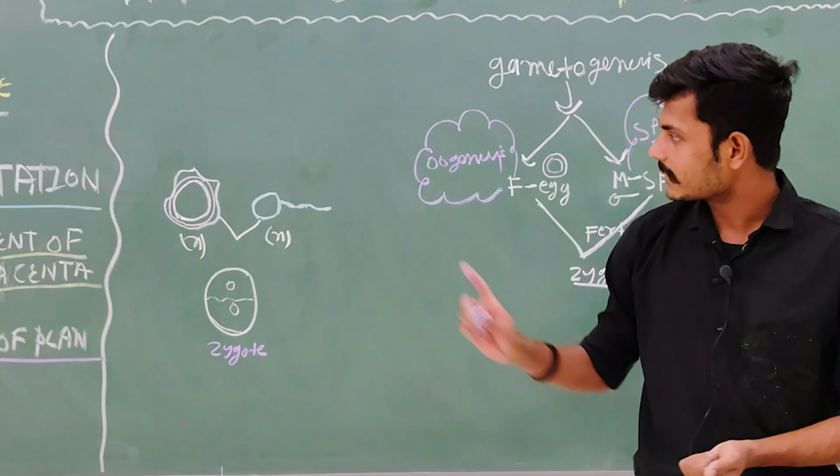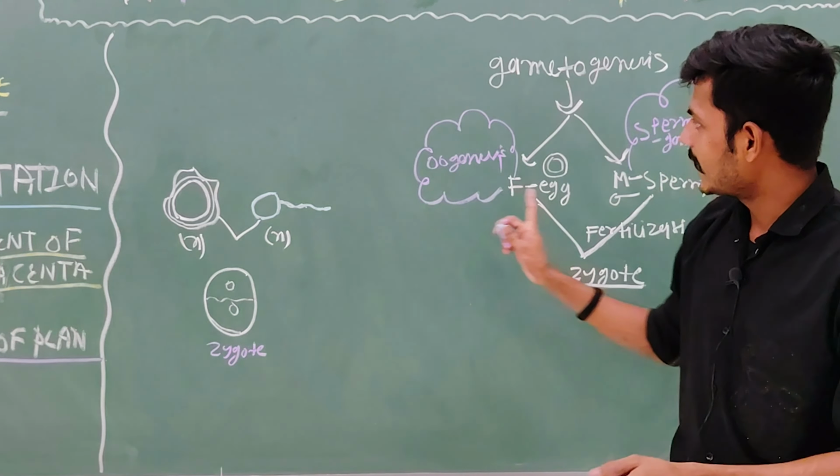Now this zygote is formed after the fertilization. What is the fate of this zygote? The fate is that it undergoes successive division and differentiation. This zygote undergoes cleavage, and in cleavage two things are happening.